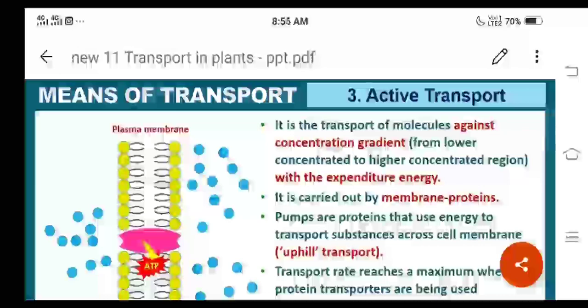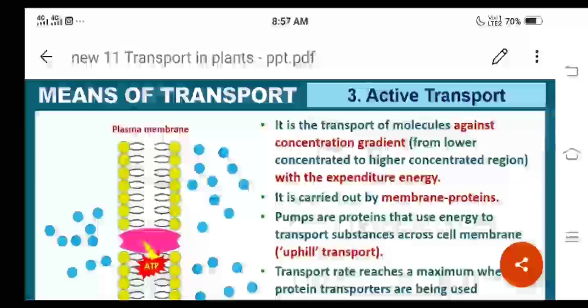And we consider this phenomenon as the uphill transport. Why do we call it the uphill transport here? Because the movement of substances takes place from lower concentration to the higher concentration. Whereas diffusion, facilitated diffusion, and even osmosis can be considered as the downhill transport, because in these processes the movement of molecules or substances takes place from higher concentration to the lower concentration.